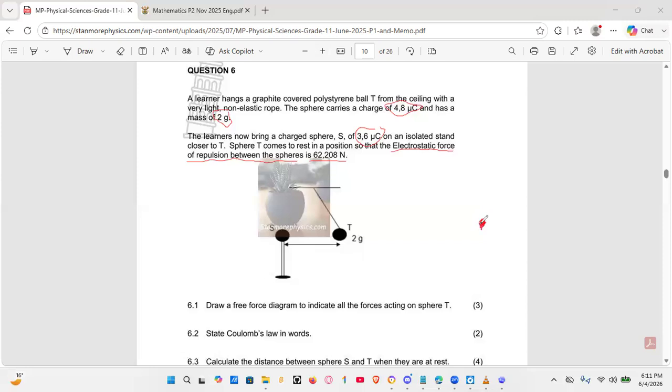So which forces are acting on T? It's hanging on a rope and it has mass in grams. Rope, mass in grams. Then it experiences a repulsion force. So which forces act on this object? There is tension. Tension. Yes.